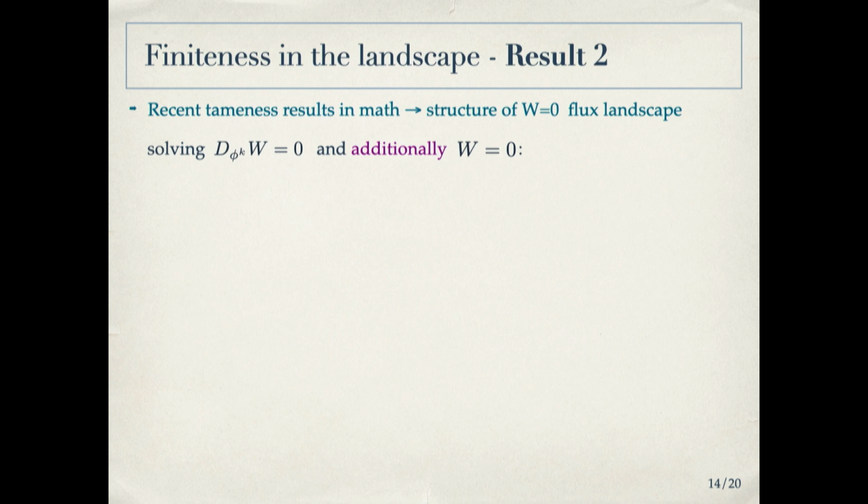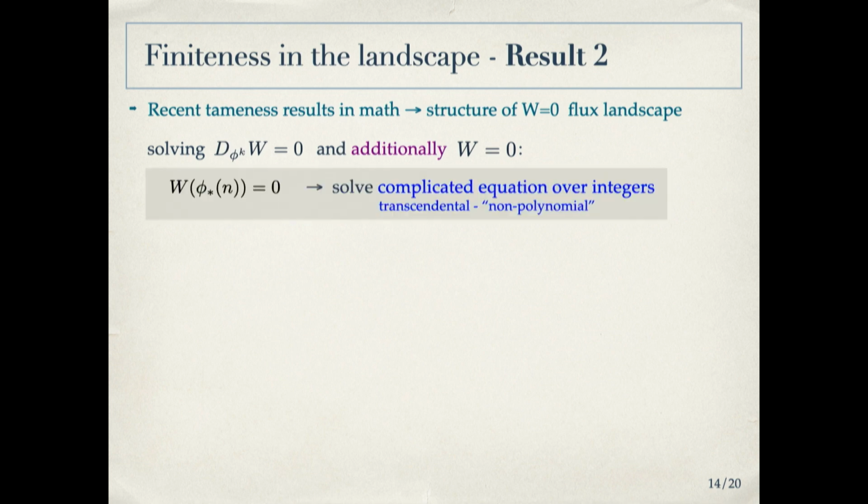Now I want to move to a second finiteness result, which in some sense is even more remarkable. Namely, I want to study the landscape of W equal to 0 vacua. And this means we have an additional constraint. That means we can solve for the moduli, and then we have to solve the equation W equal to 0 over the integers, namely over these fluxes.